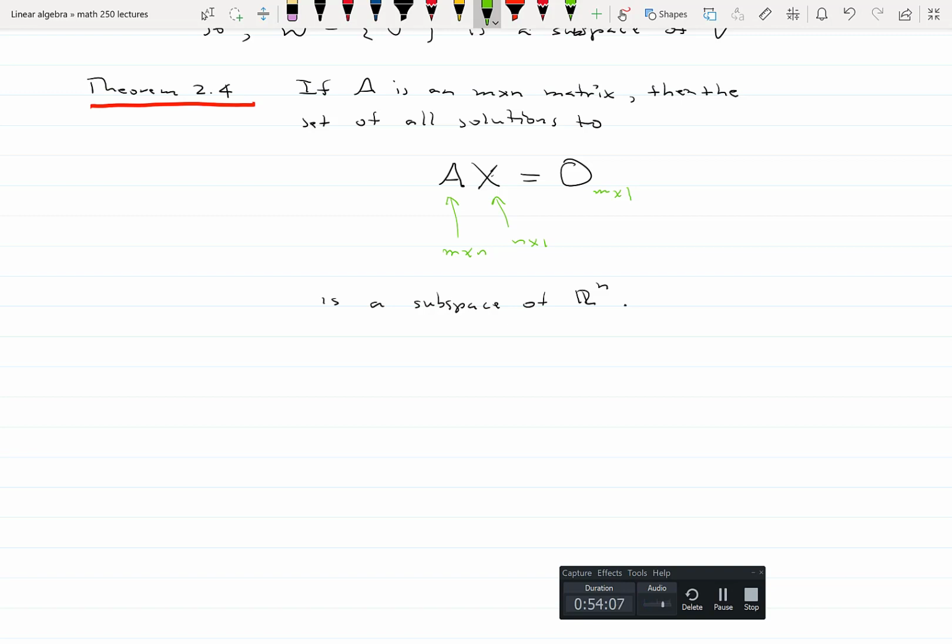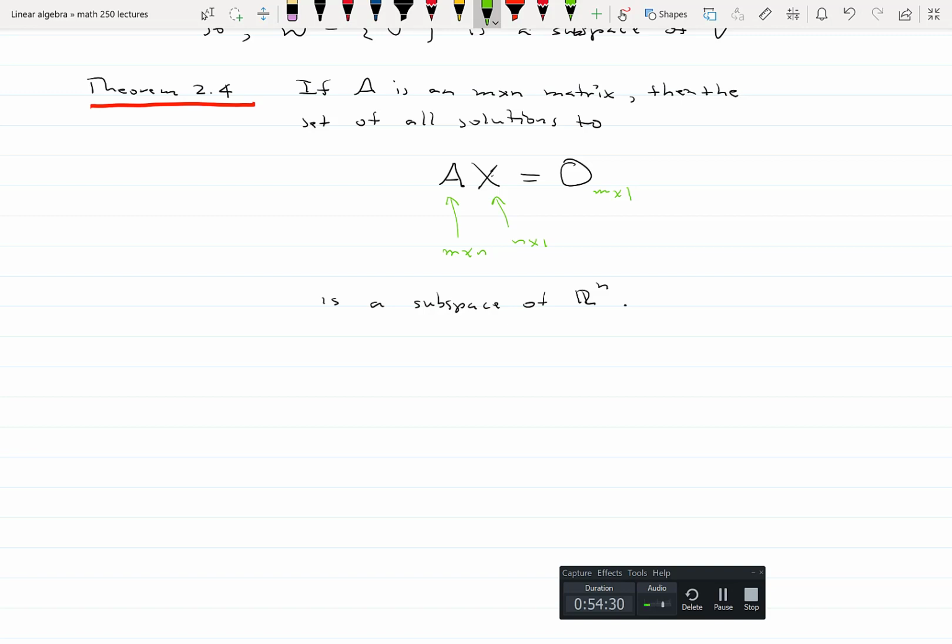This theorem again is going to be extremely important for us, and we're actually going to call this set something more formal later. We're going to call it the null space of the matrix A. I won't write it out now because its name isn't important right now.